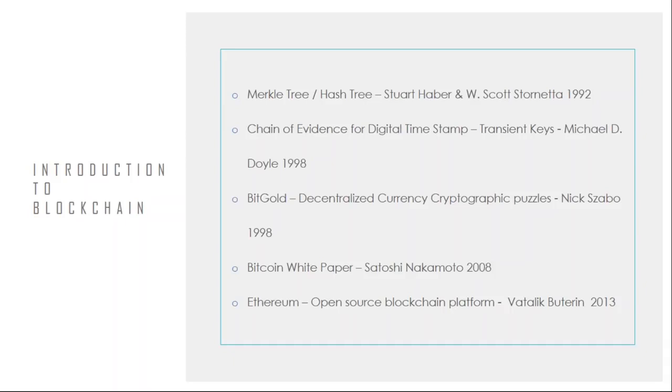Soon after that, they added the ability to do chain of evidence with digital timestamps, which becomes very important in the blockchain. The first notional implementation and idea that was put out there was originally called BitGold, which was a decentralized currency, using extremely complex cryptographic math algorithms to protect the assets that they were creating.